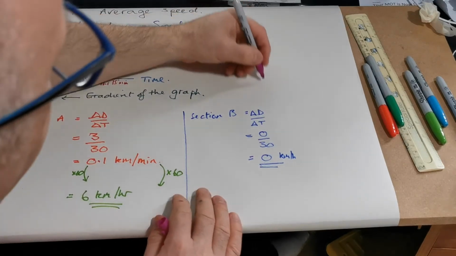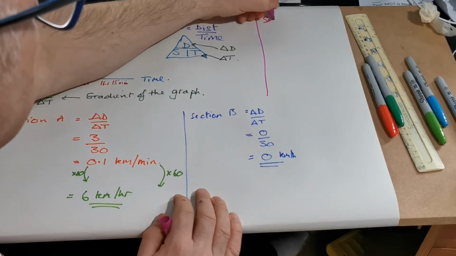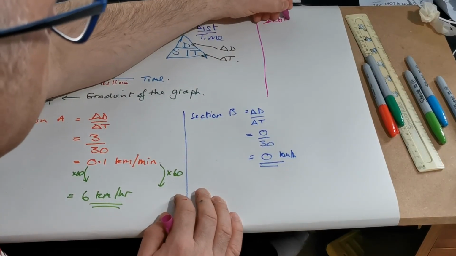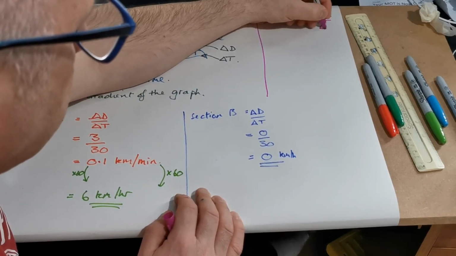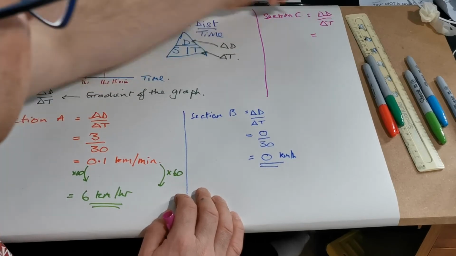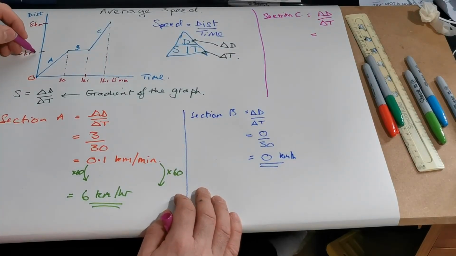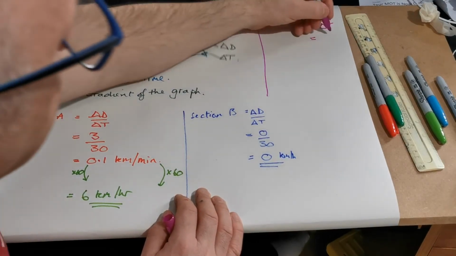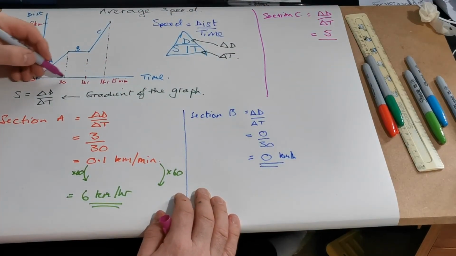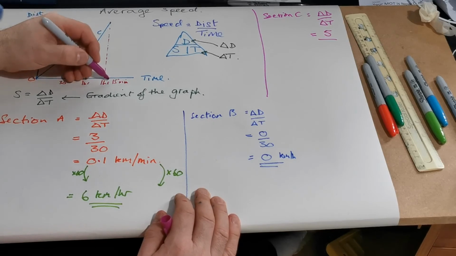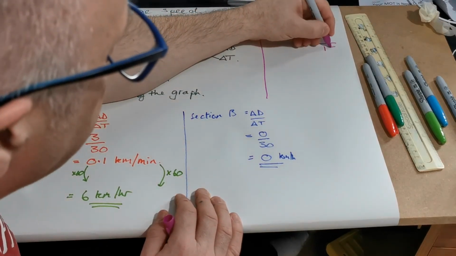And then if I finally look at section C, my change in distance, I've gone from 3 to 8, that's 5. My change in time has gone from 1 hour to 1 hour 15, so that's 15 minutes.